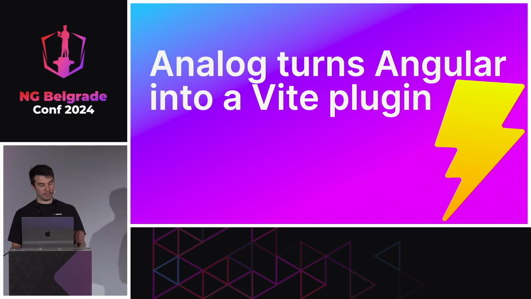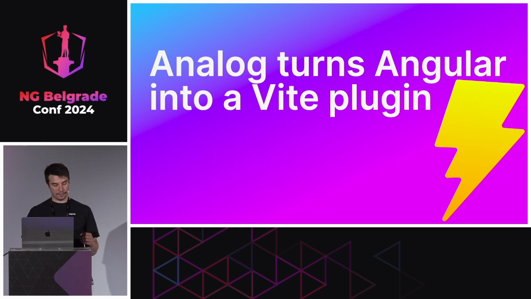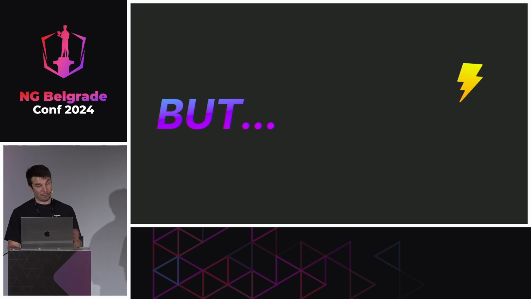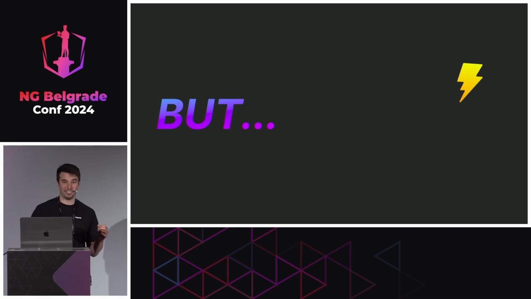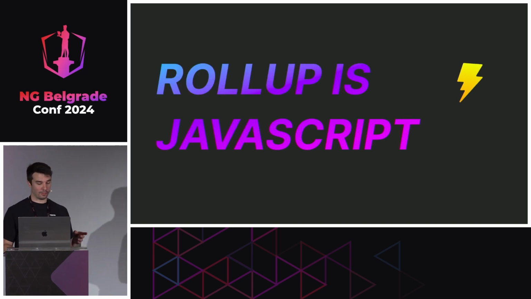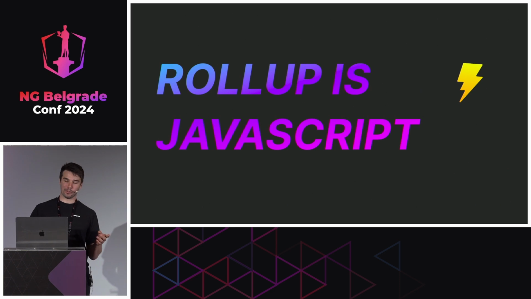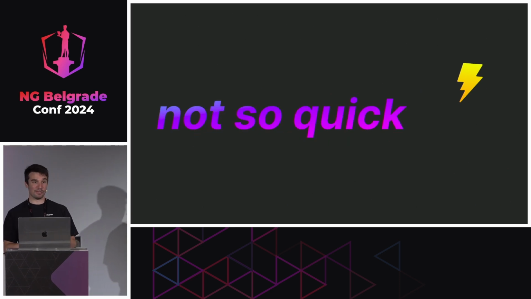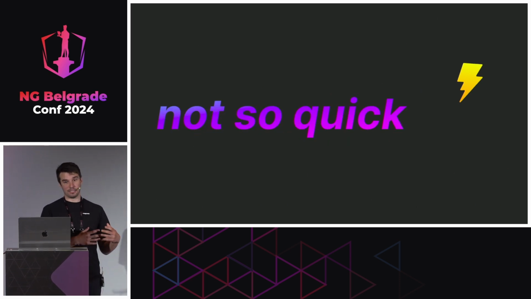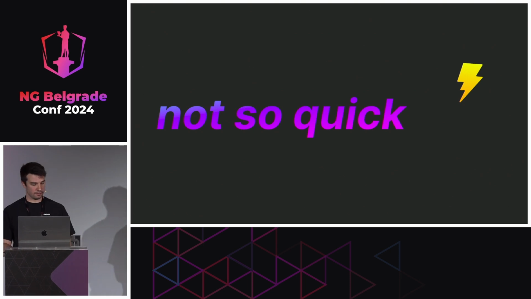It turns Angular into a Vite plugin. Analog tells Vite how to use Angular for development, and then also build Angular applications with Rollup. But there's one big problem with Rollup, and Rollup, for now, is JavaScript. So it's not so quick, because it's still limited by JavaScript being single-threaded and not native.